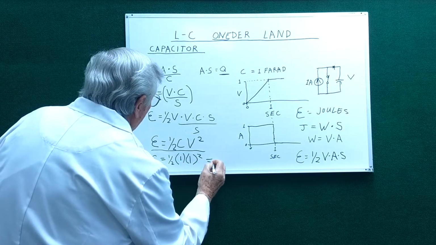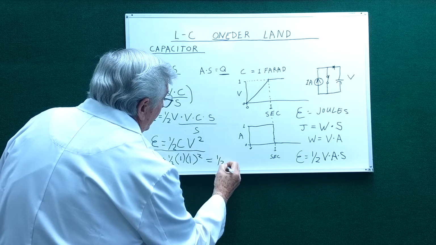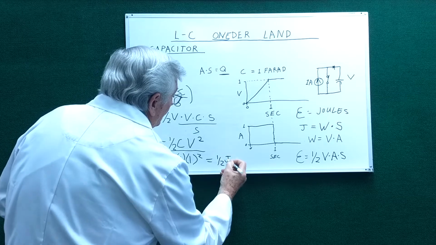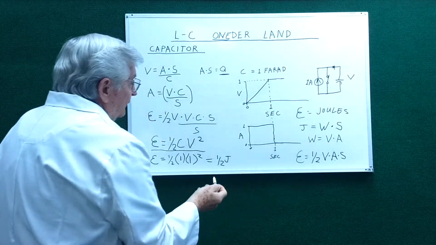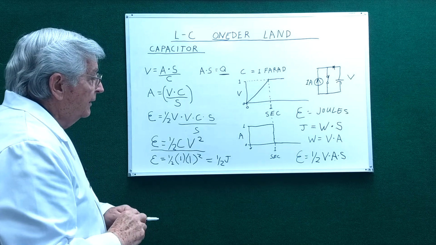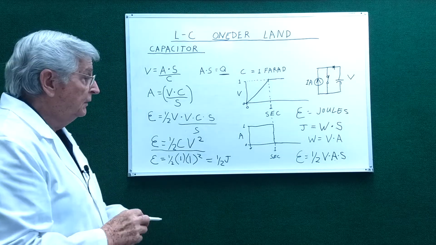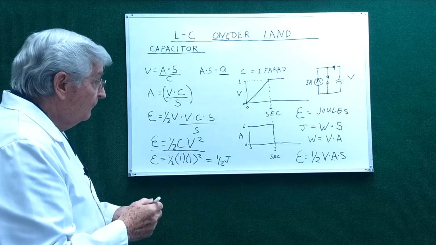So this equals 1/2 joule. So a joule is a watt second, so this says we can deliver 1/2 watt for 1 second, or 1 watt for 1/2 a second.